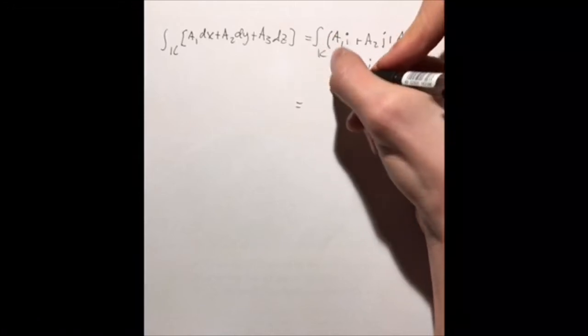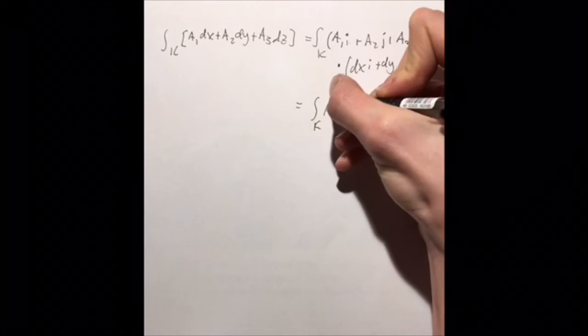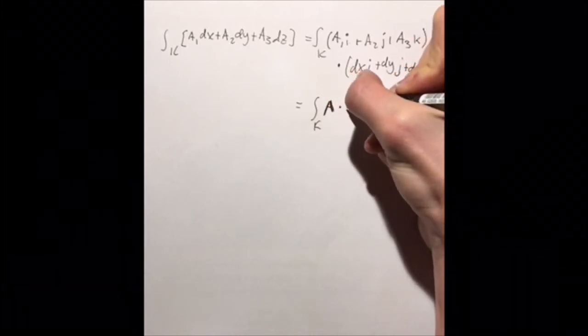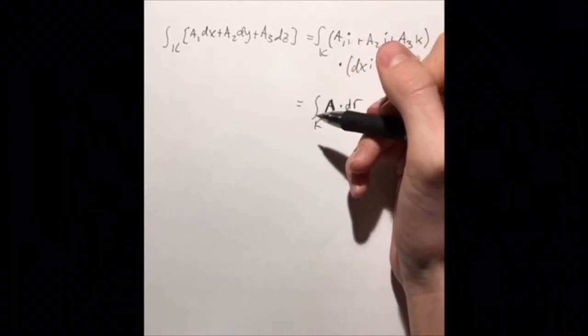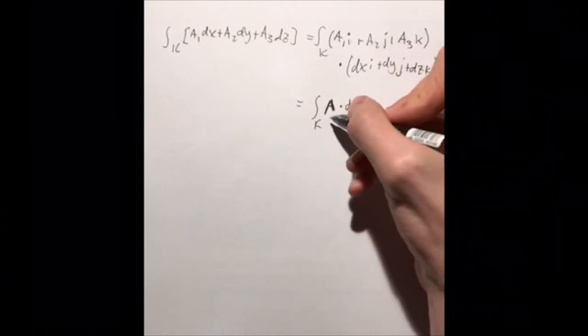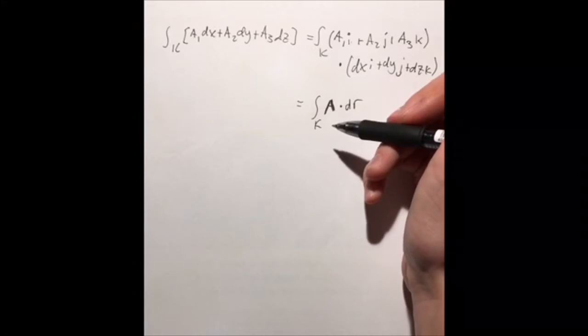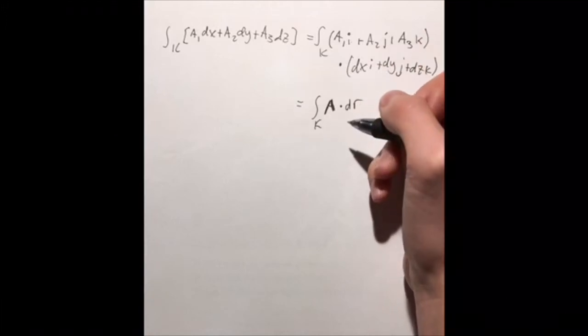And this simplifies to the integral over K of A dotted with dr, where A is capital A1 in the i direction, plus capital A2 in the j direction, plus capital A3 in the k direction, and dr is equal to dx in the i direction, plus dy in the j direction, plus dz in the k direction. The line integral is a special case of this with z equal to 0.